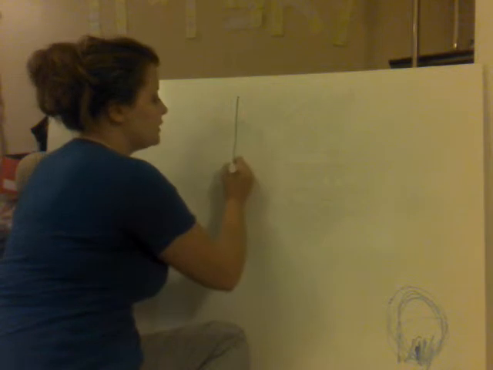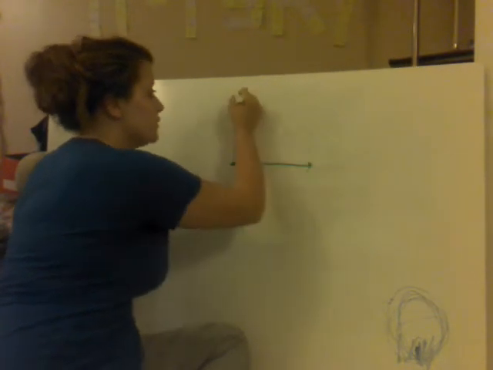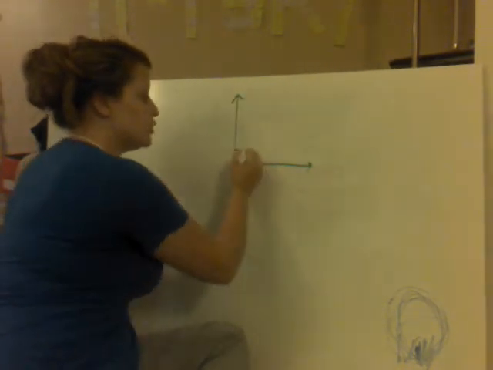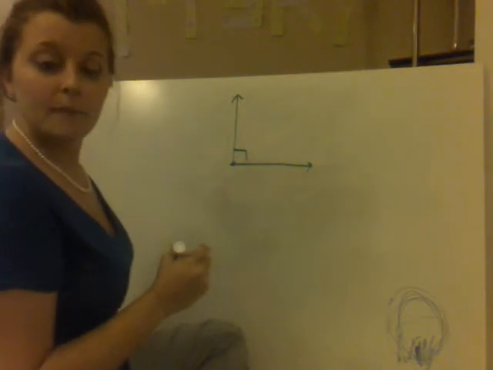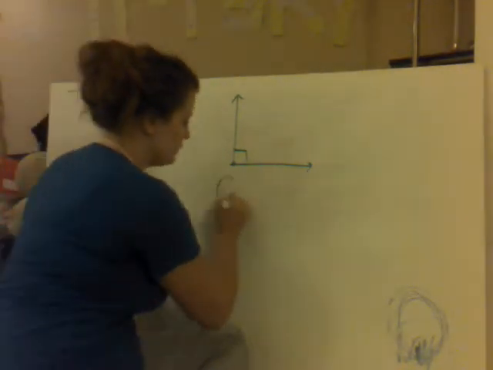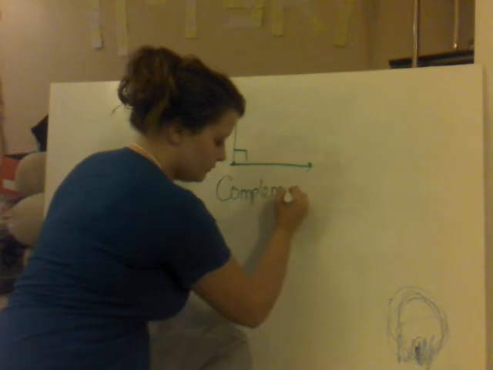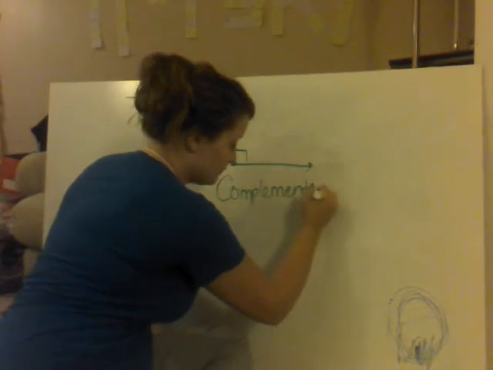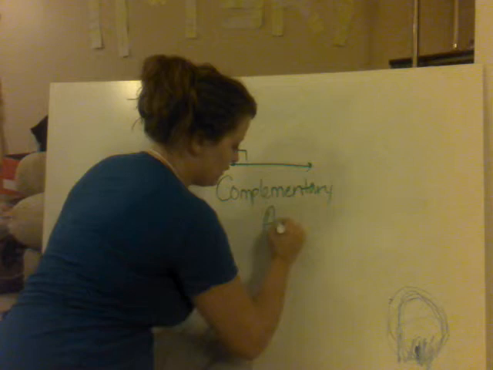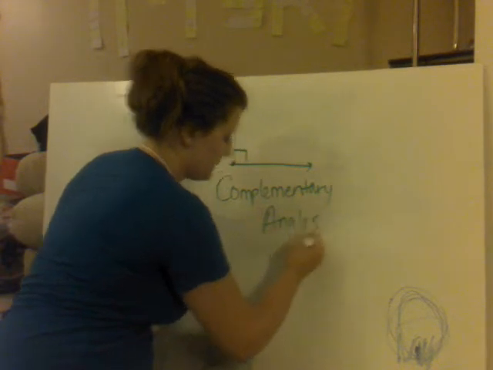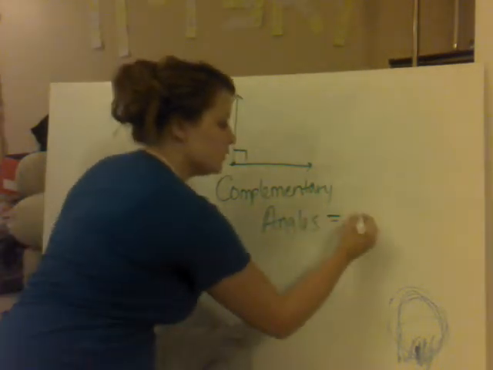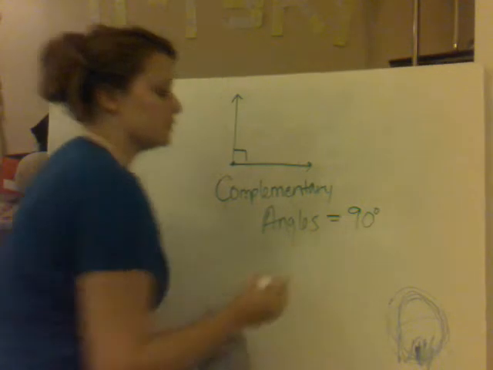So if I want complementary angles, that means that they're going to total to equal 90. So complementary angles equal 90 degrees.